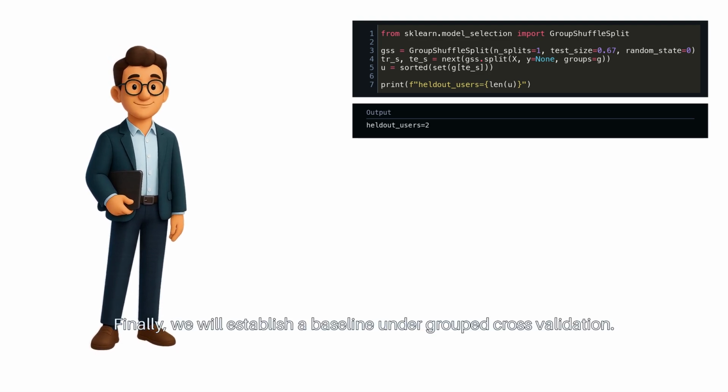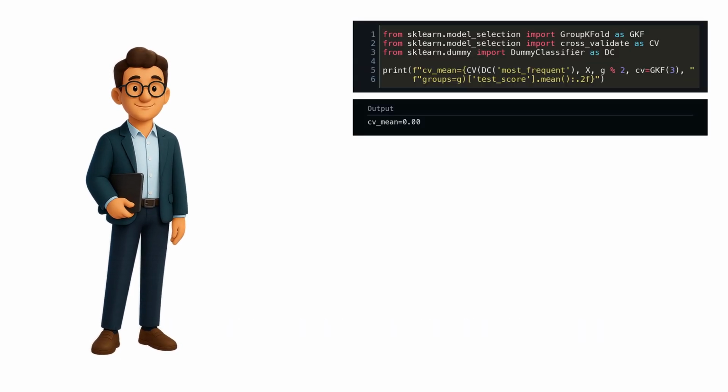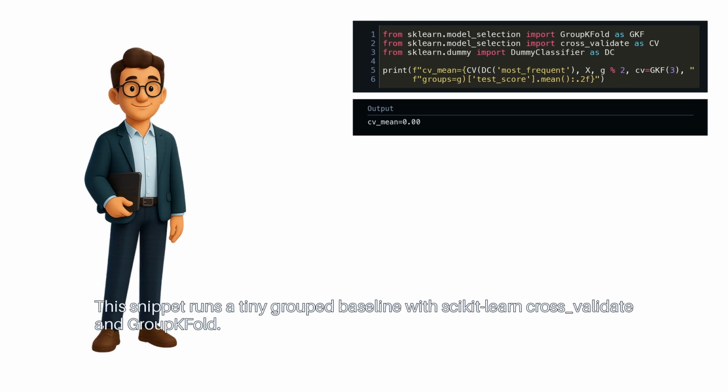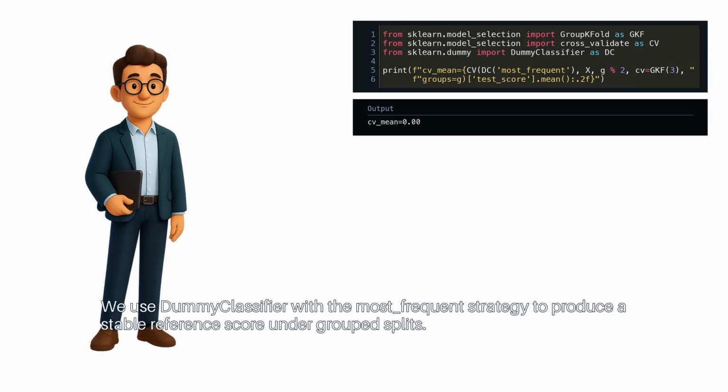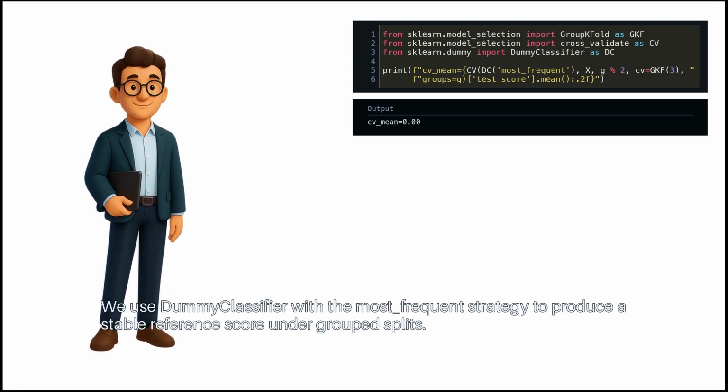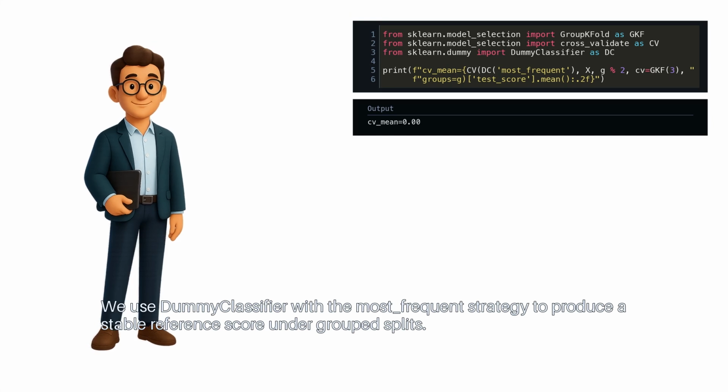Finally, we will establish a baseline under grouped cross-validation. This snippet runs a tiny grouped baseline with scikit-learn cross-validate and GroupKFold. We use DummyClassifier with the most frequent strategy to produce a stable reference score under grouped splits.